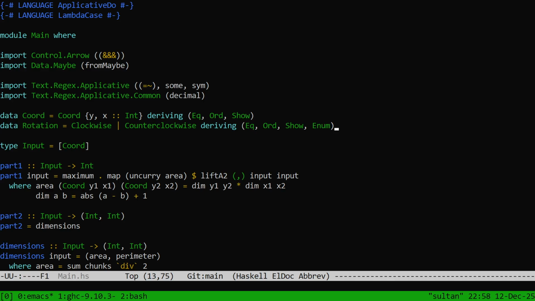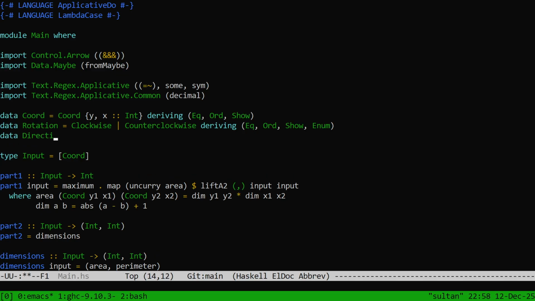And I need a direction. And I need a few functions involving these things. For example, I need a function that takes 2 coordinates and tells me the direction of the line segment from the first to the second.